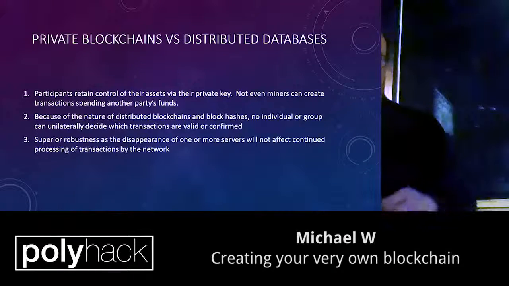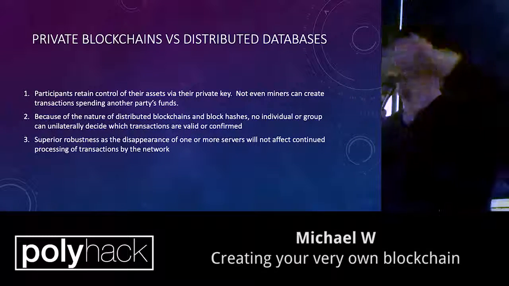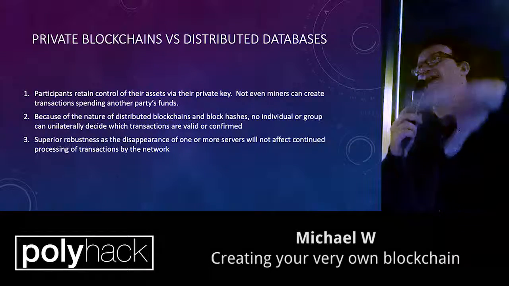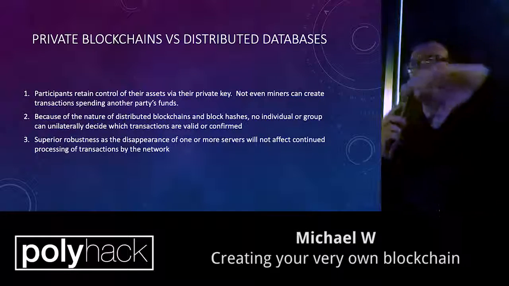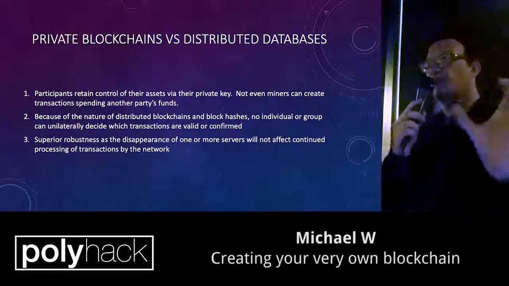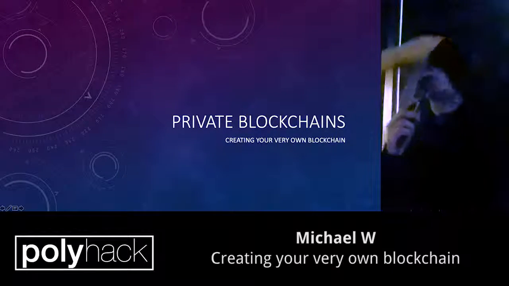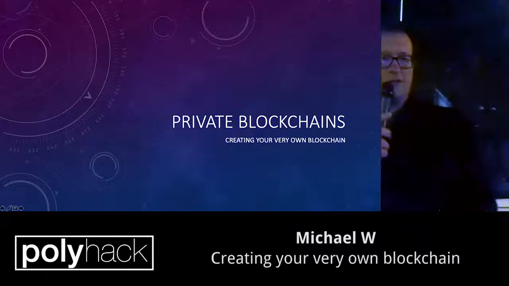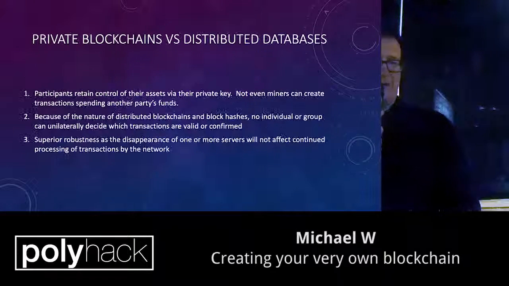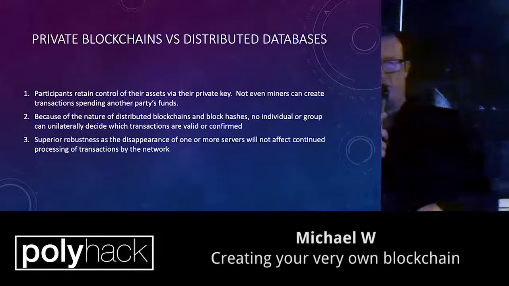With private blockchains, because it takes advantage of the blockchain architecture, the distributed ledger, which is the transaction list, is not located on one server or one group of servers. It's actually located across all the servers that are allowed to be part of the network.